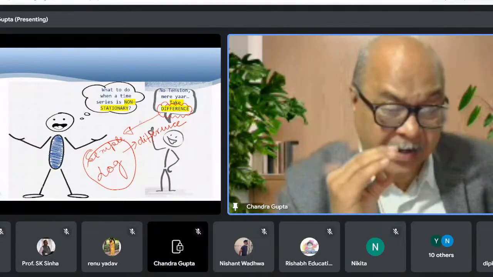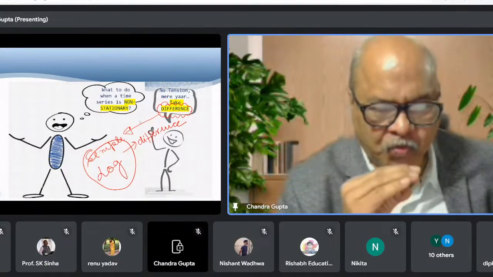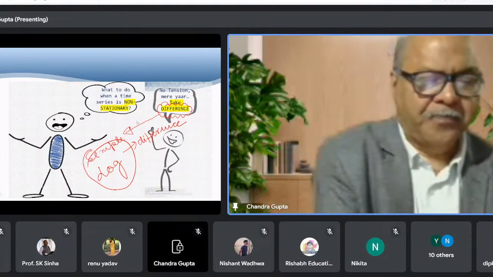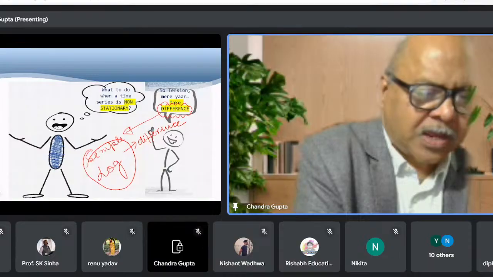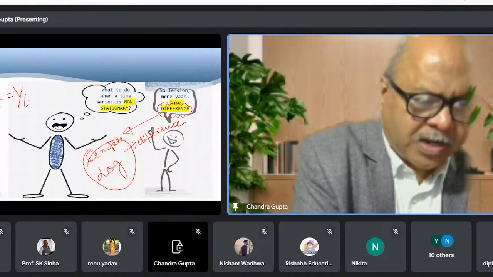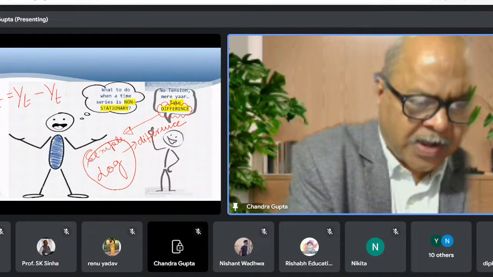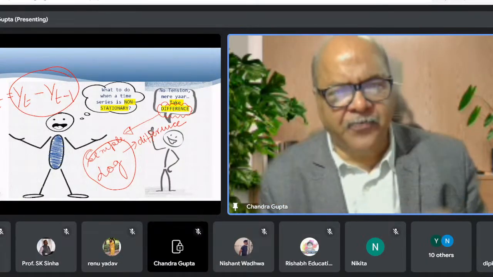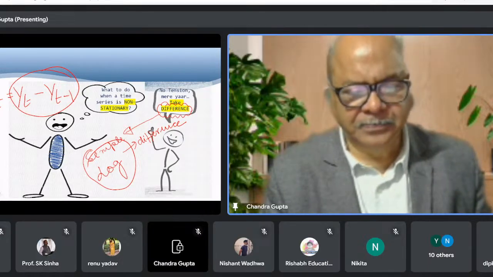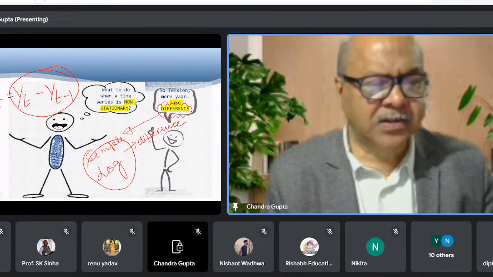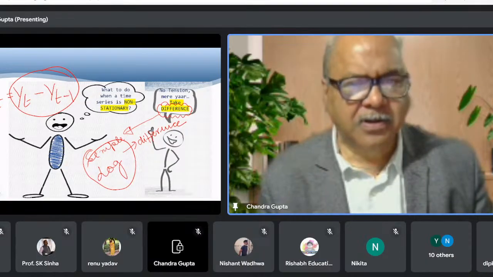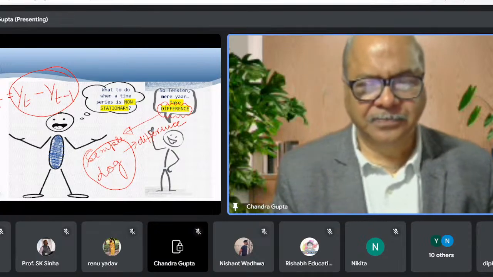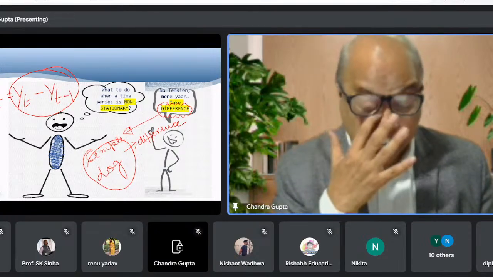By taking the first difference, what does first difference mean? Change in yt is equal to yt minus yt-1. This is called the first difference because I'm calculating the difference by taking one lag. Then the question arises, should I take a simple difference or should I take the log difference? Aman, are you there? Can you speak?